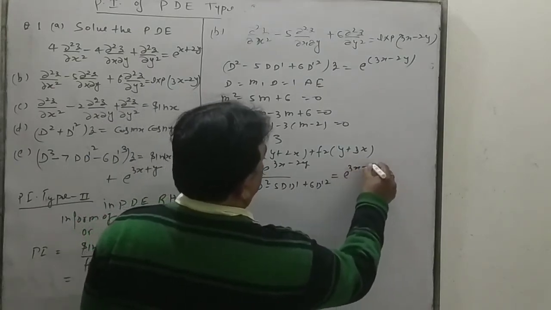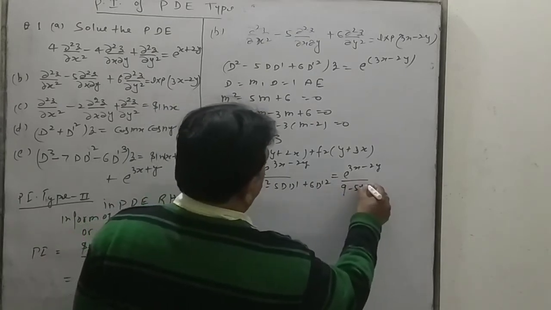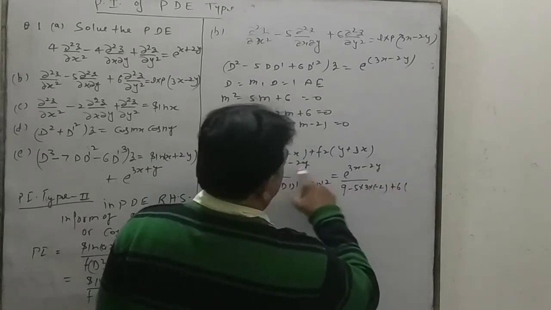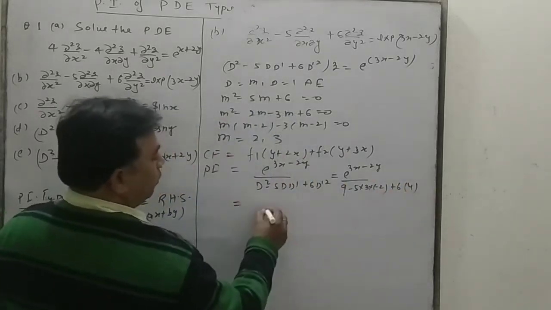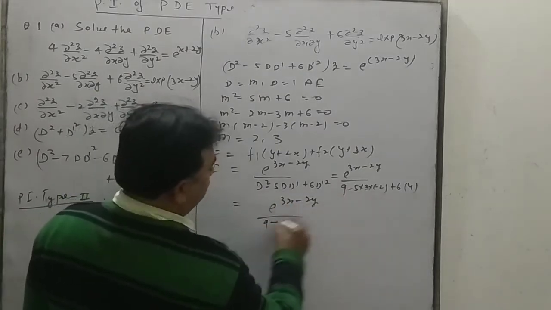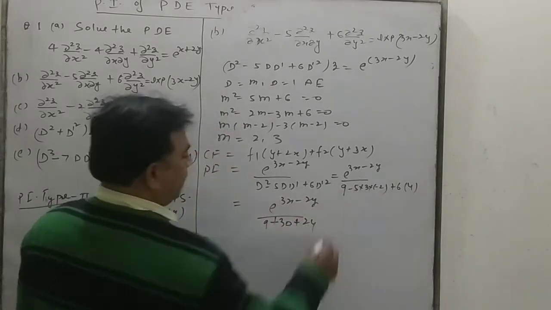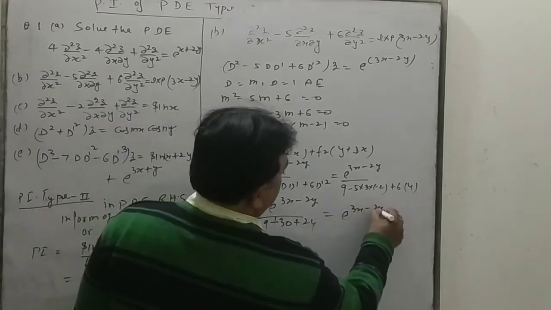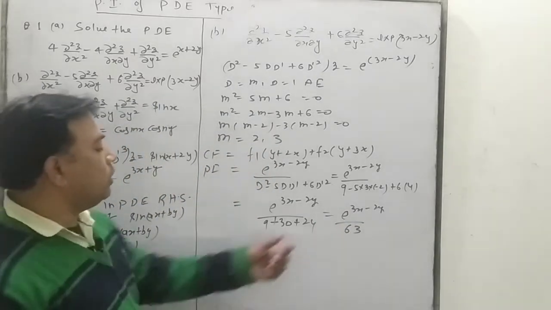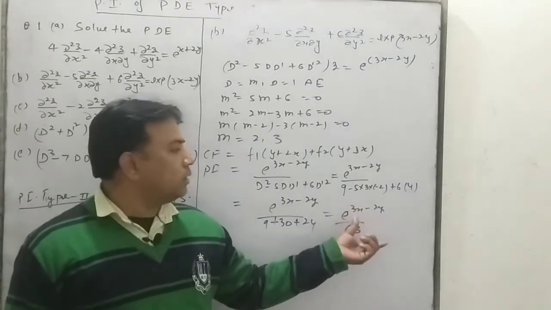So e to the power 3x minus 2y over 9 minus 5 into 3 into minus 2 plus 6 into minus 2 square, which is 4. That gives 9 plus 30 plus 24, so e to the power 3x minus 2y over 63. The denominator is not 0, so this is the answer for PI.